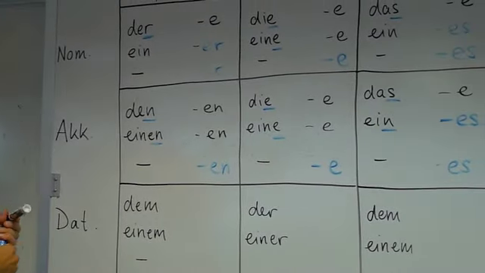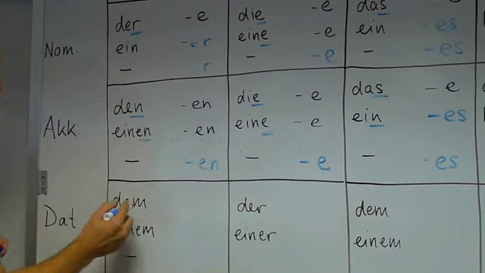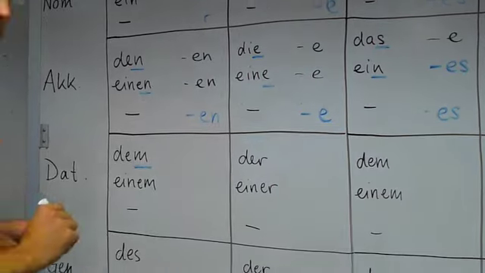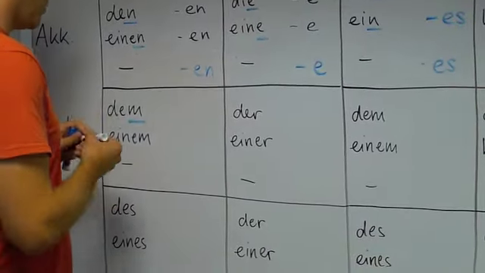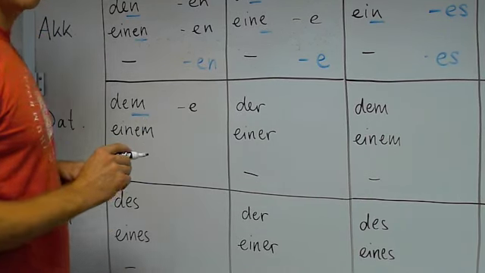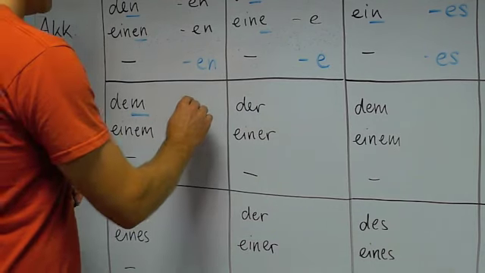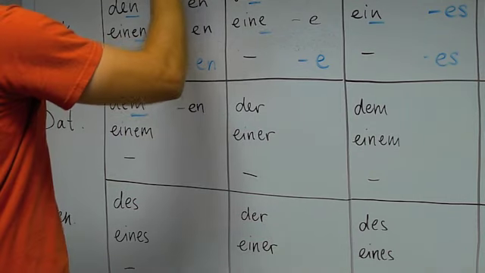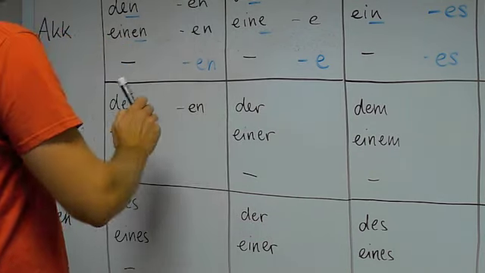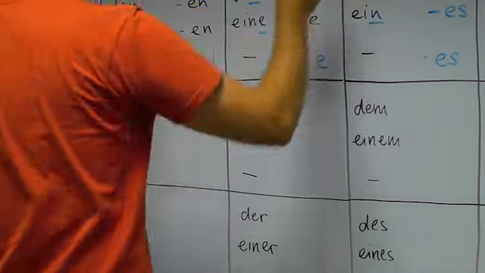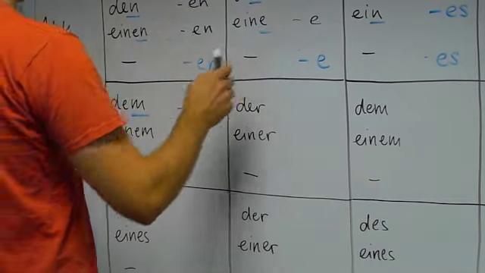Dative. Moving on. If we have m in the article, that is the strong ending we're looking for. So we just need a weak ending. And from here on out, all the weak endings are going to be en. The only times you have the weak ending e are in some masculine nominative, feminine nominative, and neuter nominative, as well as some accusative cases.